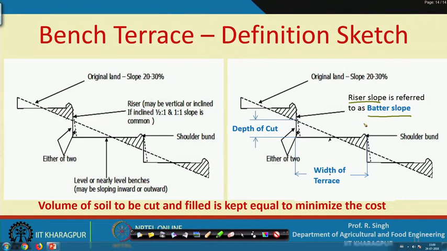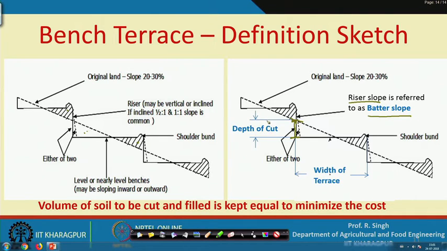Then obviously, we have already seen that cut and fill is there. This is cut, this is fill; through cutting and filling only these benches are made. So, this is basically the depth of cut, that is the base of the terrace, from the point where the original slope is getting changed, this is the original slope.